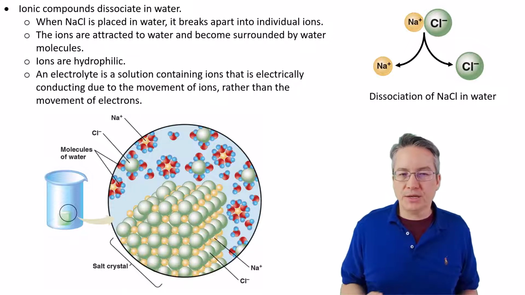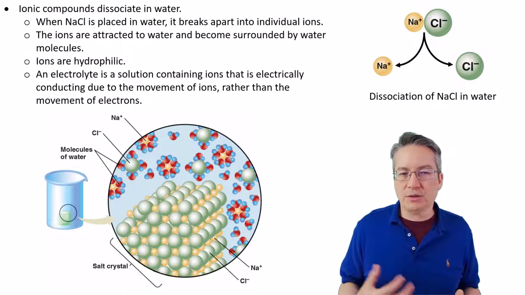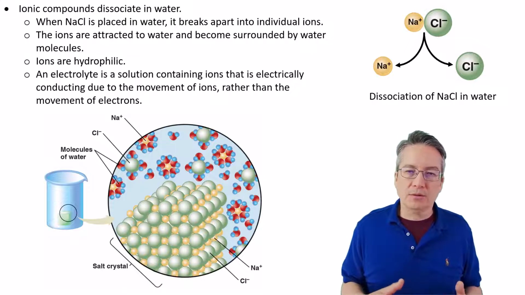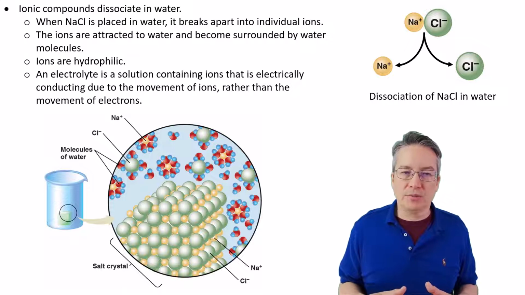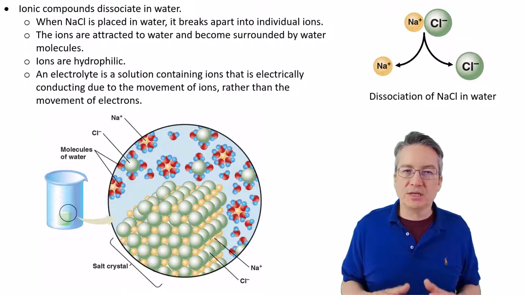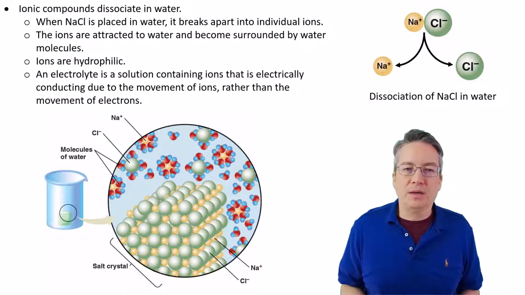And as you can see in the other diagram, as the sodium and chloride ions come off of a grain of salt, the salt crystal, the sodium ions will be surrounded by water, and the chloride ions will also be surrounded by water. And so this means that these ions are very hydrophilic. They're attracted to water, water's attracted to them, and so forth.